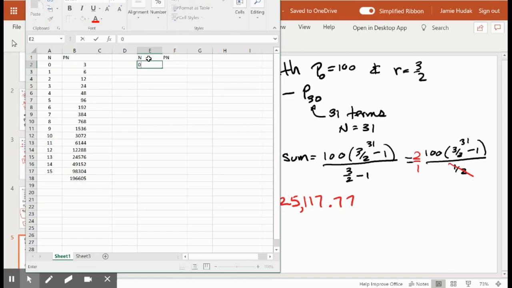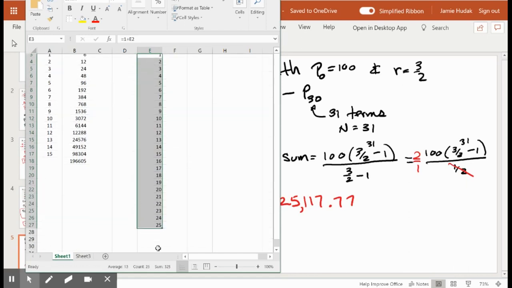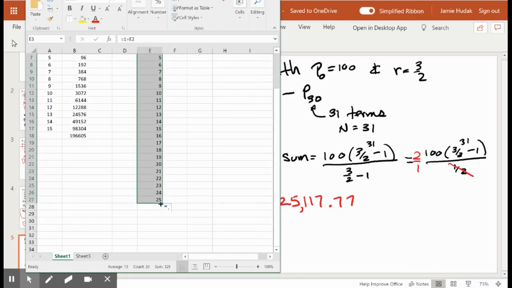Let's call that 0 because we're going from 0 through the 31st term. So 1, 2, 3. Do this by formula, equals 1 plus the previous number. So that's P0 through P30.